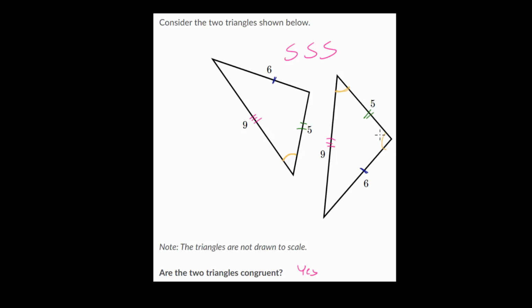Likewise, the one between the side length of length 5 and the side length of length 6 would be equal in both triangles. And then the third angle here will be equal to the third angle here. And this we can deduce from the fact that they have all equal sides. So we have the side, side, side congruence relationship. And since they are congruent, they also have correspondingly equal angles.